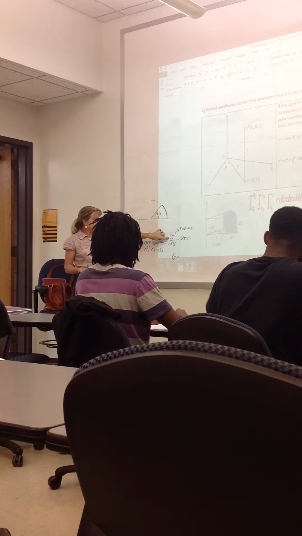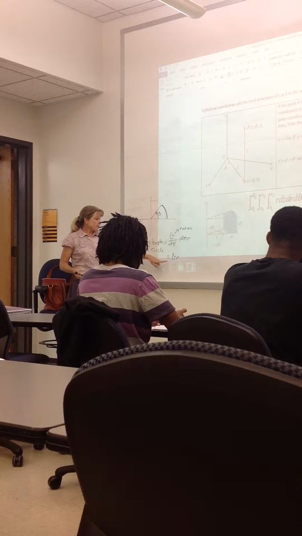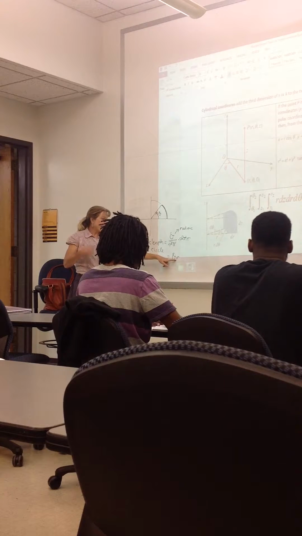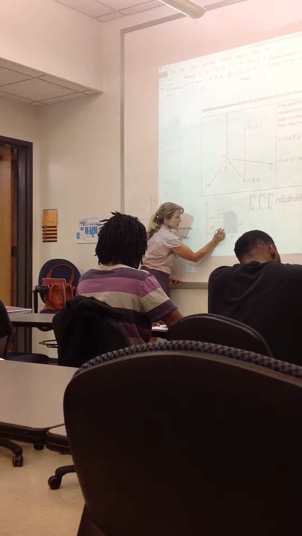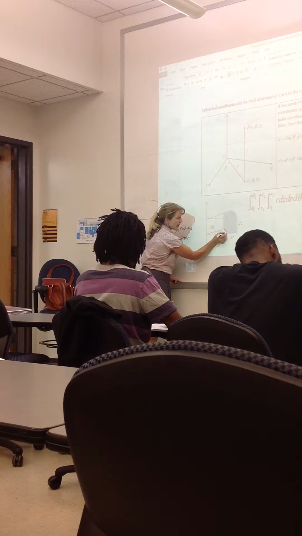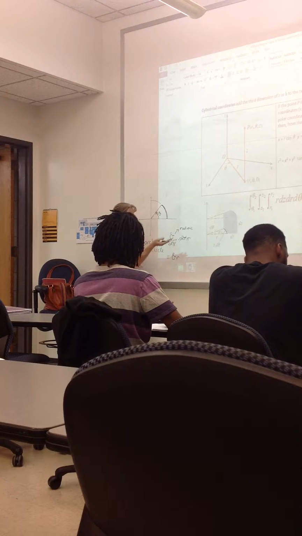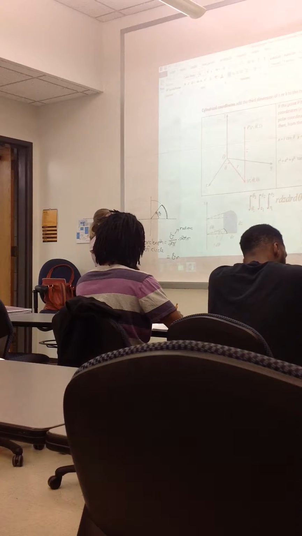So if I have the angle in radians, the arc length of a circle simplifies down to the angle I've rotated times the radius of the circle. So this side of my little packet of volume is an arc length, and it's represented by r d theta, where d theta is the little bit of angle I've rotated.